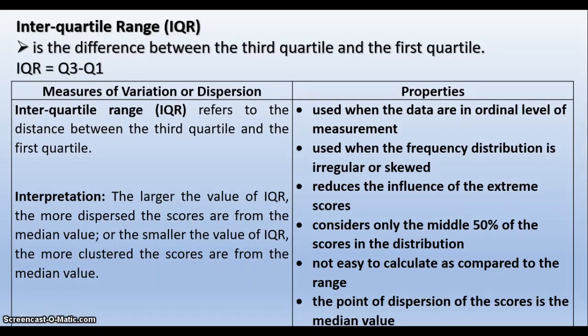The third one is that it reduces the influence of the extreme scores. Number four considers only the middle 50% of the scores in the distribution. It is because we're just looking at the middle 50%, since the scores that we need to compute the interquartile deviation are the third quartile and the first quartile.